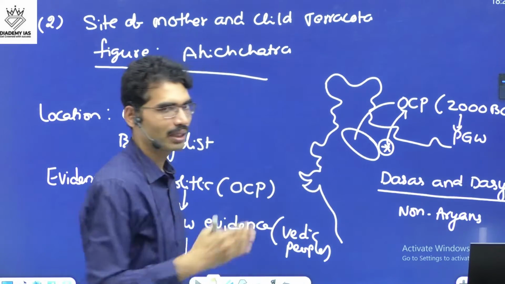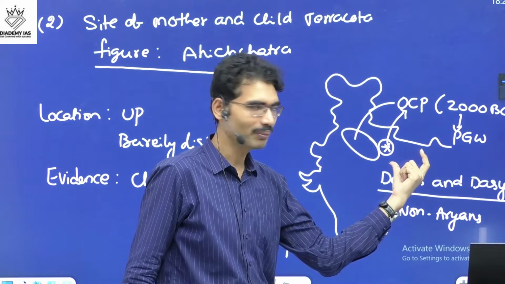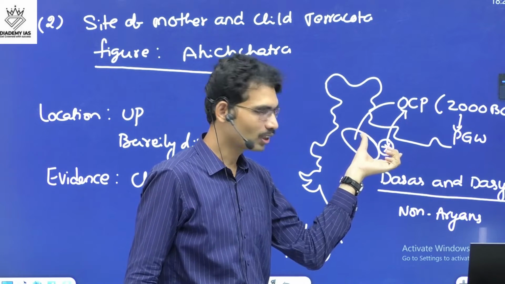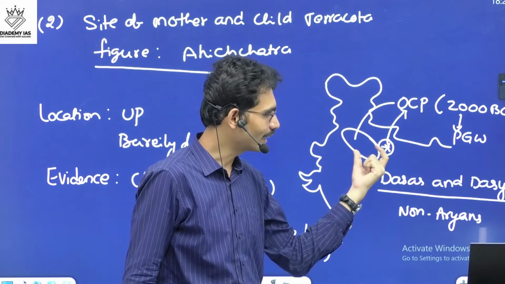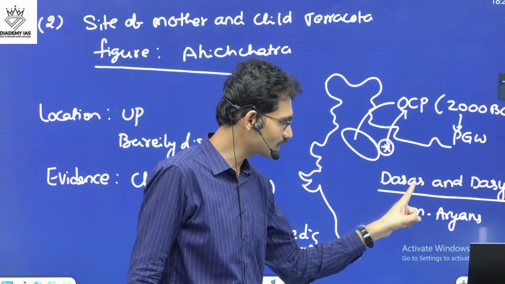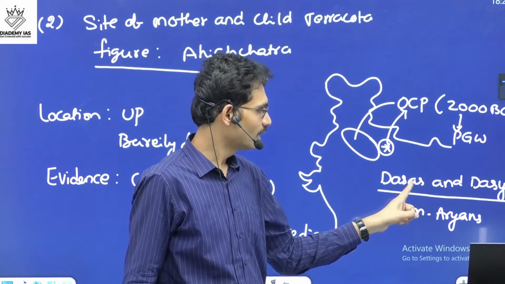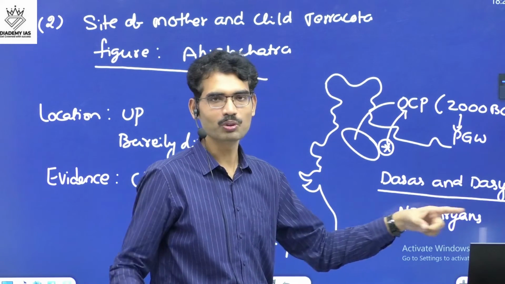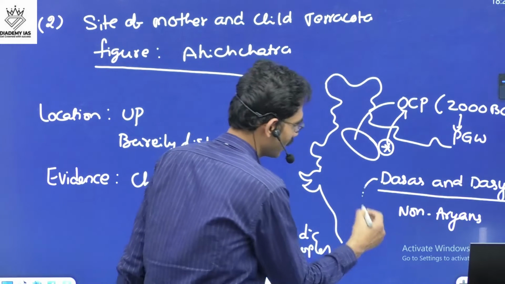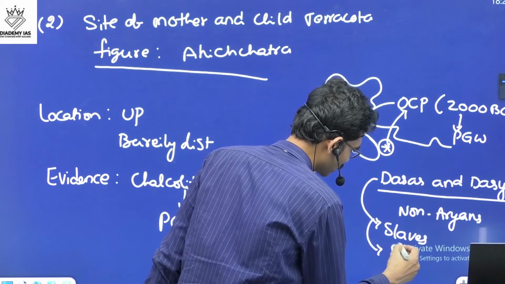When more and more Aryan settlements came, some people called themselves Aryans, and other people were considered non-Aryans. In the non-Aryan group, Dasa and Dasyus are the generally used terms. And these Dasas and Dasyus mostly became, or were used as, slaves or Shudras.